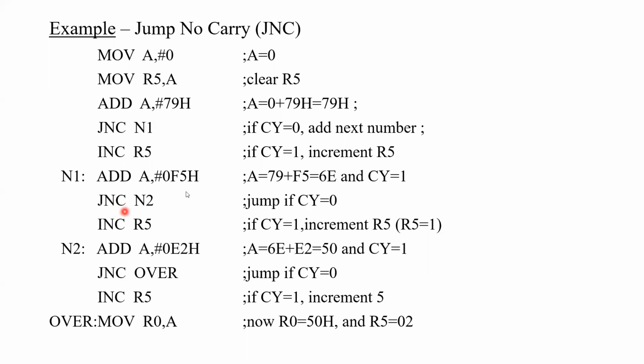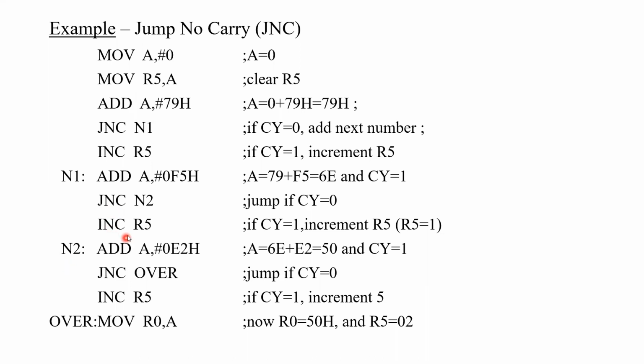As you can see, because of the addition, the carry flag is set to 1. When I say jump no carry, since the carry flag is 1, it will perform the jump only if the carry flag is equal to 0. But as of now the carry flag is 1, so it will not jump to N2; it will go to the next instruction.